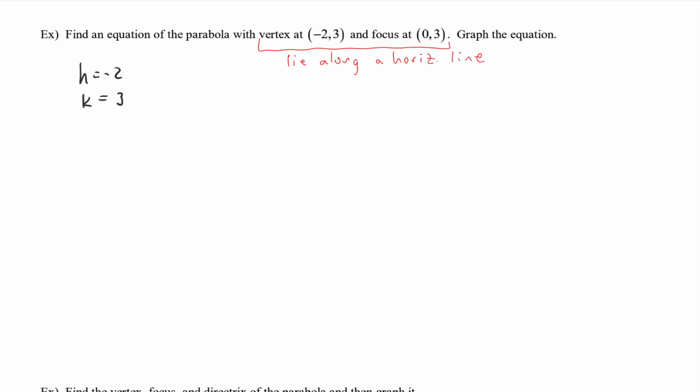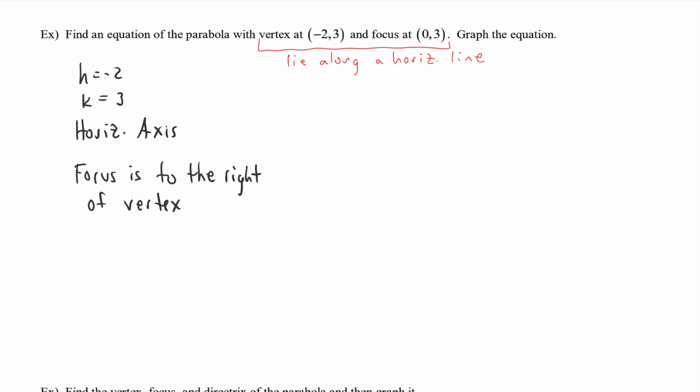So we have a horizontal axis. The focus is to the right of the vertex, so our parabola opens towards the right.